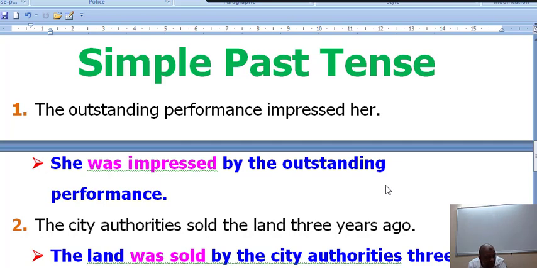Am I clear? Number 2: the city authorities sold the land 3 years ago. So the land, complement, singular, we bring was, auxiliary. Sold does not change. It remains sold by the city authorities 3 years ago.